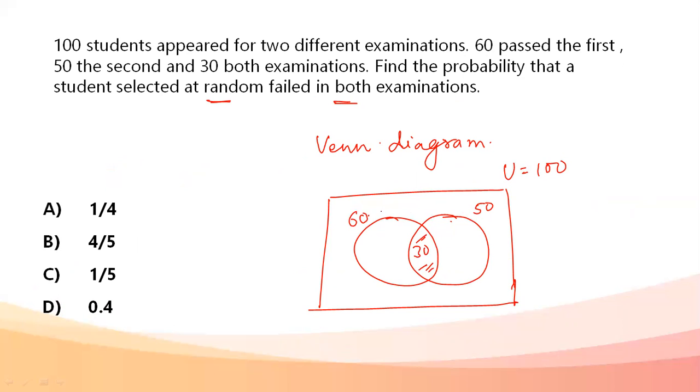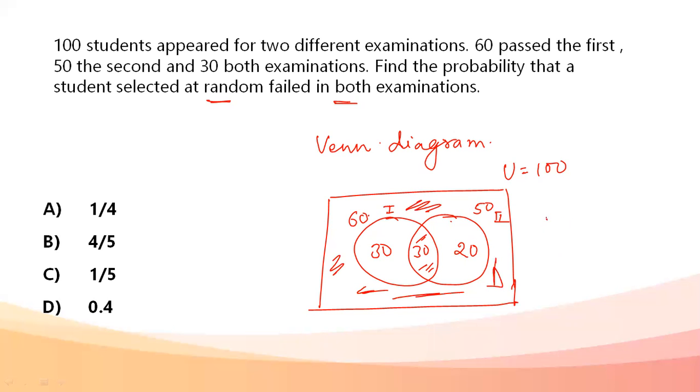That means those who passed only the first subject is 30, and those who passed only the second subject is 20. 30 passed in both of them. Find the probability that a student selected at random failed in both the examinations. Okay. Now the area outside the circles in the Venn diagram is those who failed.